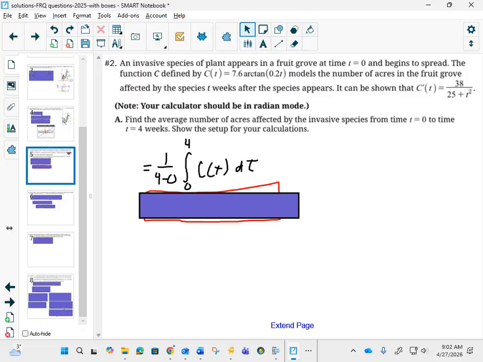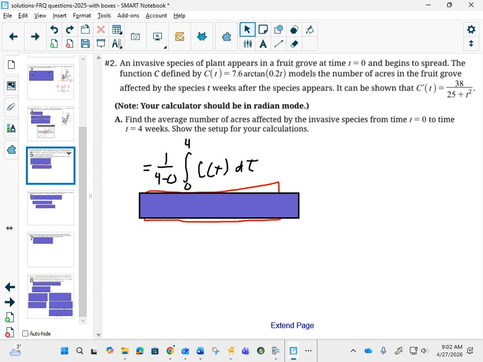For example, when I'm thinking of averages, I often think about distance, speed, and time graphs. If I give you a displacement or distance function and ask you for the average speed, you just take the total distance you traveled over the total time, and that's the slope of the secant line. Notice I'm asking the average speed, but I gave you the displacement or distance function.